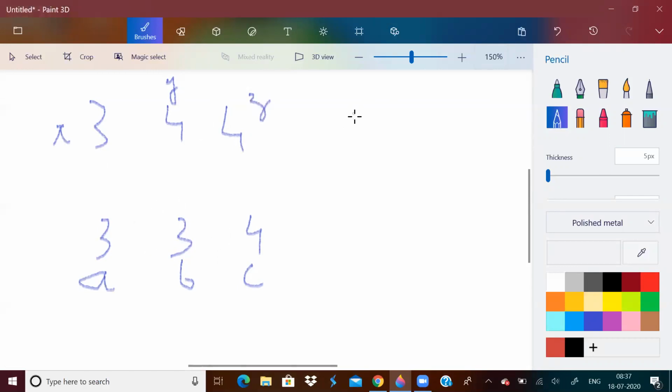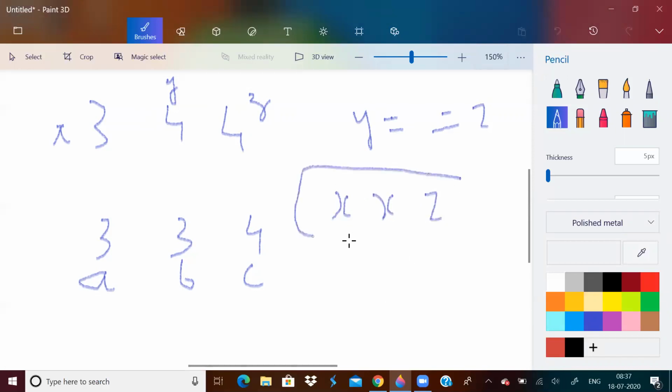So what did we observe here? When Y is equal to Z, then you can output X, X, and Z. This will always be correct. So this is the simplest and shortest answer.